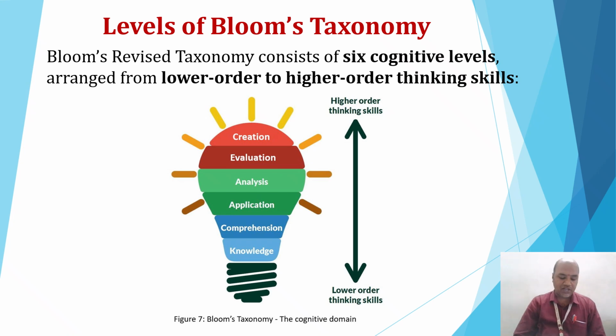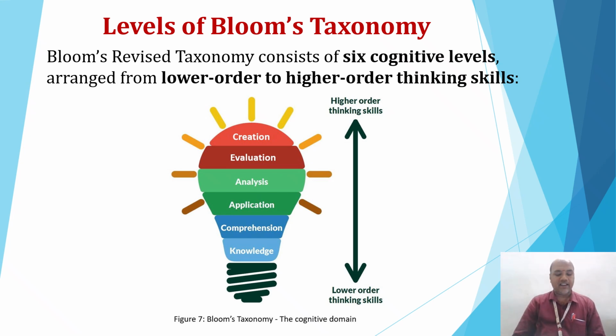I will give the sample questions for level 5 evaluation. Evaluate the effectiveness of government startup policies. Another one is critically assess the HR practices of an organization. The skill developed is judgment, decision making and reasoning.